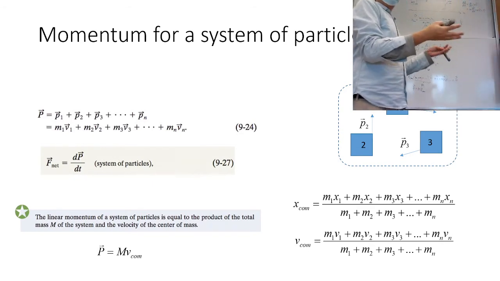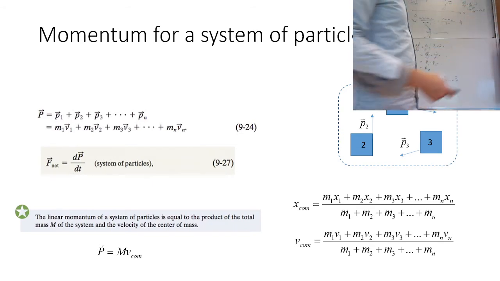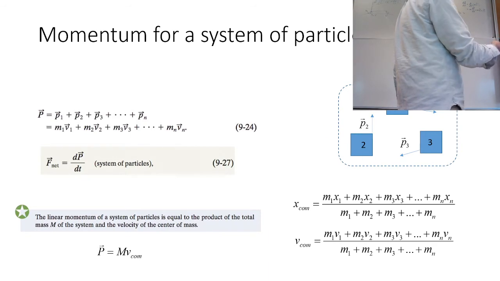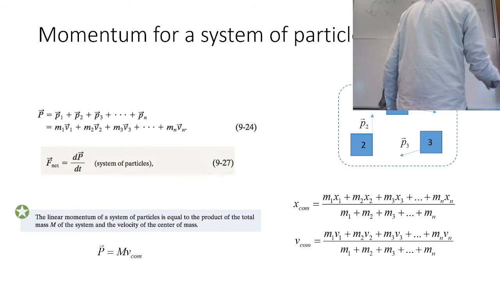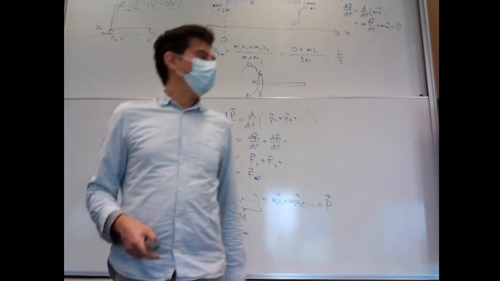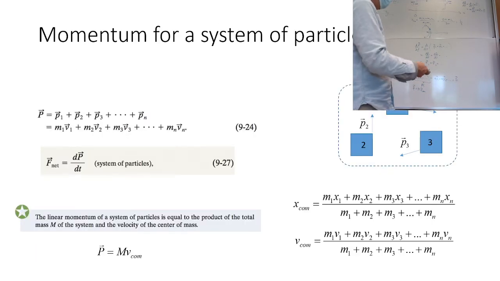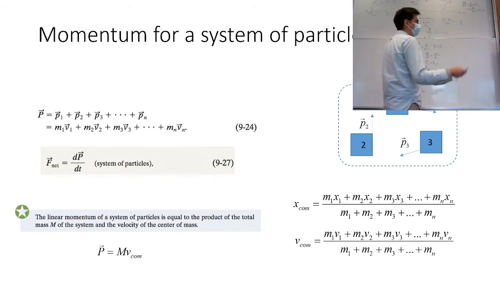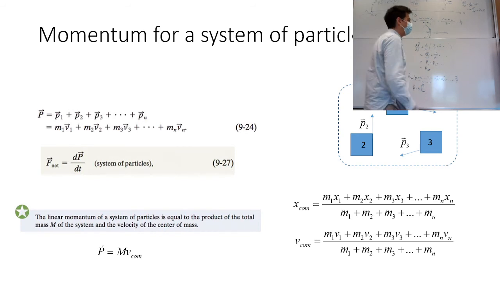So we just look at the velocity of that center of mass, and we add up all the masses here, and we can also calculate it in this way. So it could be calculated basically in two ways, one from a center of mass perspective, one from an individual particle perspective.